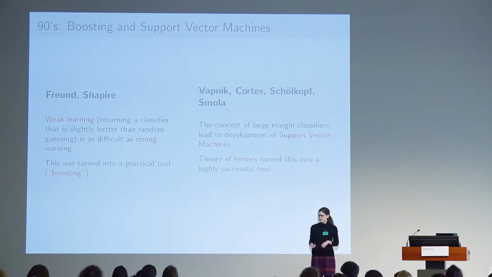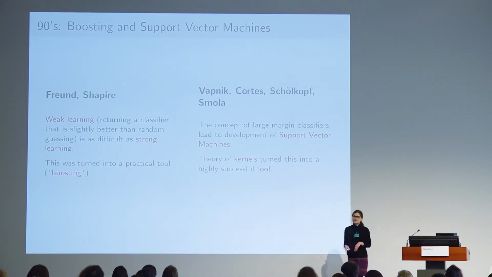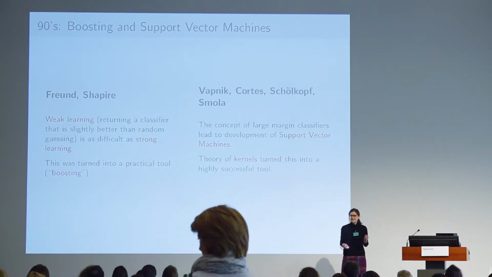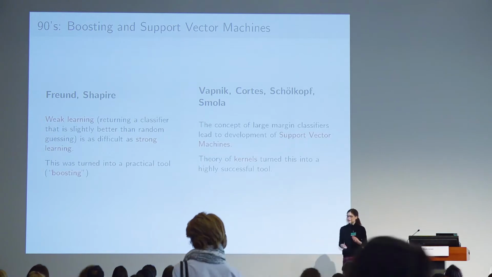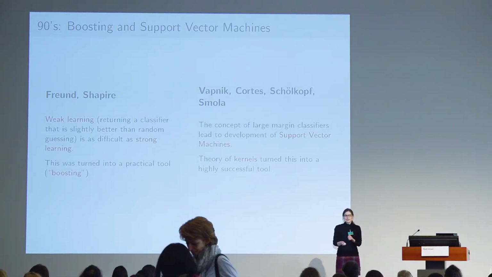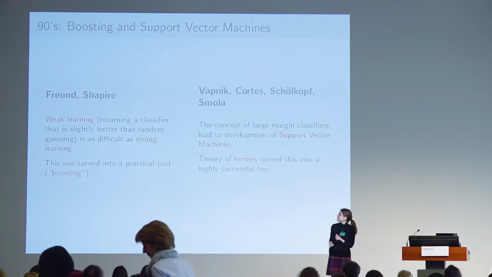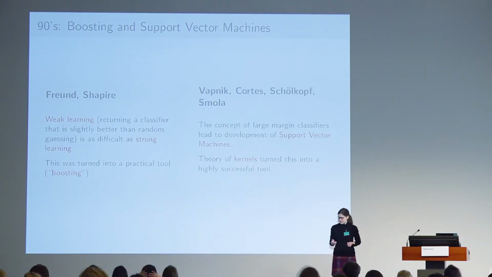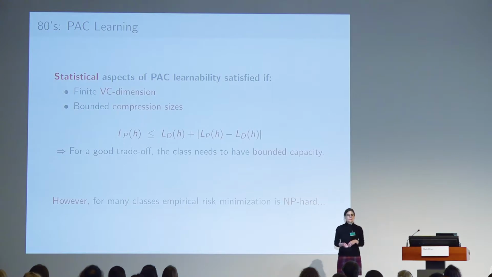So Freund and Schapire developed what is known as boosting. It's still widely used. We've heard about this method in the talks before. So really here the story was that once we know that most of these classes are actually not efficiently learnable, well, they were asking, maybe can we at least do somehow better than random guessing while being efficient?